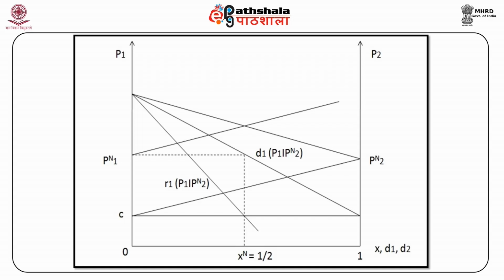The optimum price for firm 1 is obtained by equating marginal revenue to marginal cost, that is R1(P1 | P2*) equals C, which corresponds to P1*.